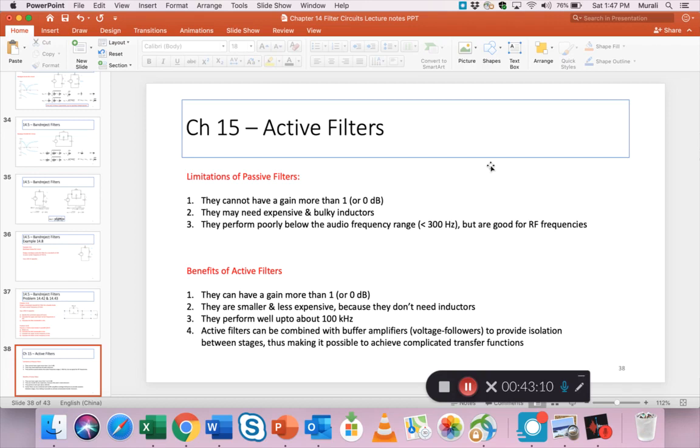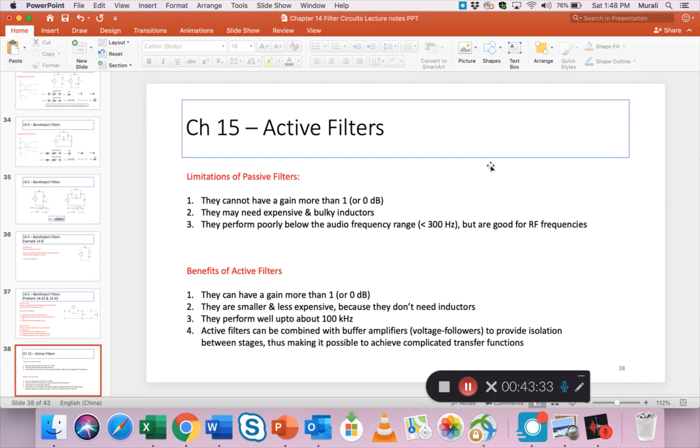Also, they may need expensive and bulky inductors, right? Inductors are the one thing that you cannot make in semiconductor material, and so they can be expensive. They have wires, coils, etc., so they take a lot of room on a circuit. So inductors are not very desirable.